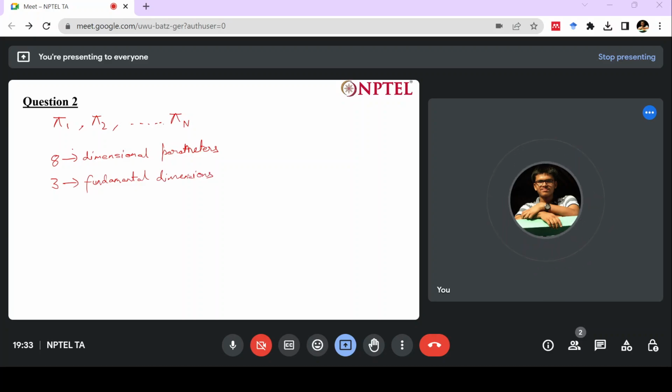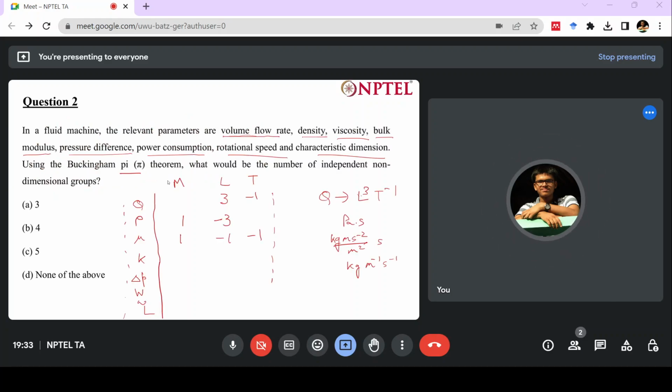So if you have 8 dimensional parameters and 3 fundamental dimensions, what does this mean? These dimensional parameters have some coefficient attached with each of the fundamental dimensions.